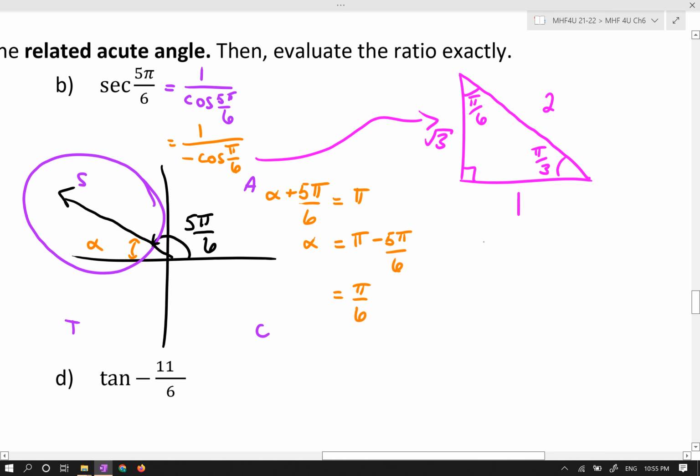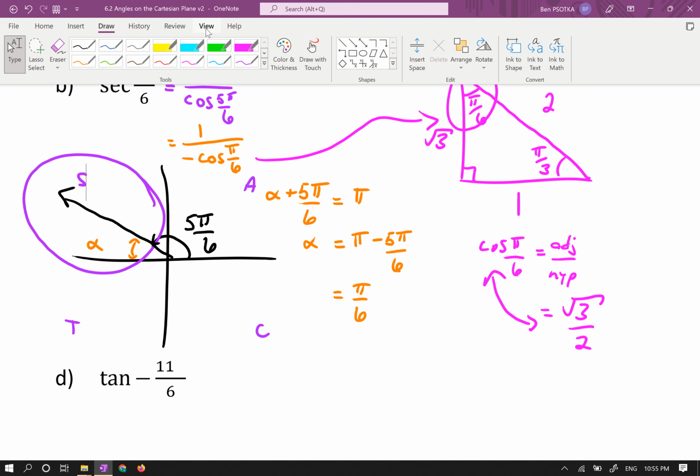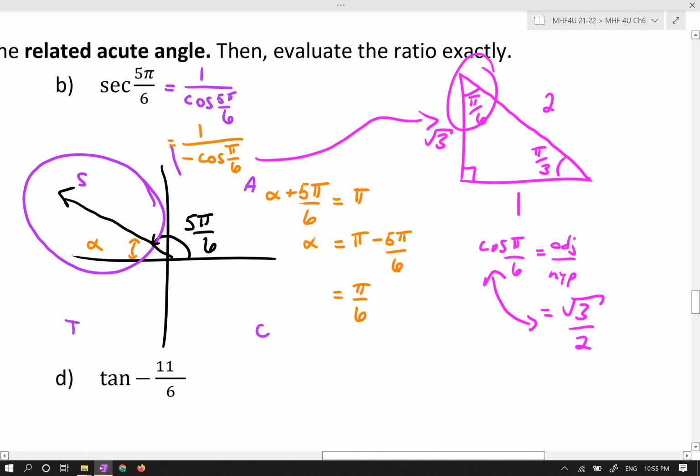So we're evaluating. The cosine of pi over 6 is going to be equal to my adjacent side over my hypotenuse. The adjacent side is the square root of 3 divided by my hypotenuse, that's 2. So if the cosine of pi over 6 is equal to root 3 over 2, then 1 over negative the cosine of pi over 6 is going to be equal to 1 over negative root 3 over 2.